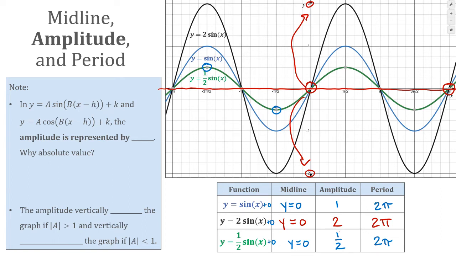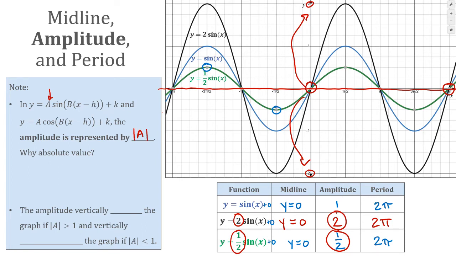The amplitude was 1/2, and that was on the y equals 1/2 times the sine of x. So it looks like there's a connection between that number that is in front of the function and the amplitude. So in my formula, that would be the a value. So I'm going to write a here, and I'm going to do one more thing. I'm actually going to say the absolute value of a.